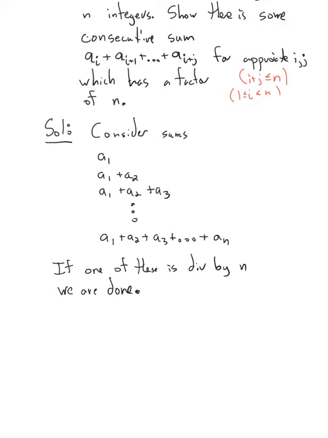Well, maybe you luck out and just one of them, A1, is already divisible by n, so you're good to go. Or maybe it's this third one, A1 plus A2 plus A3, maybe that's, by luck, divisible by n, and you're good to go. Okay, so suppose that this isn't the case.